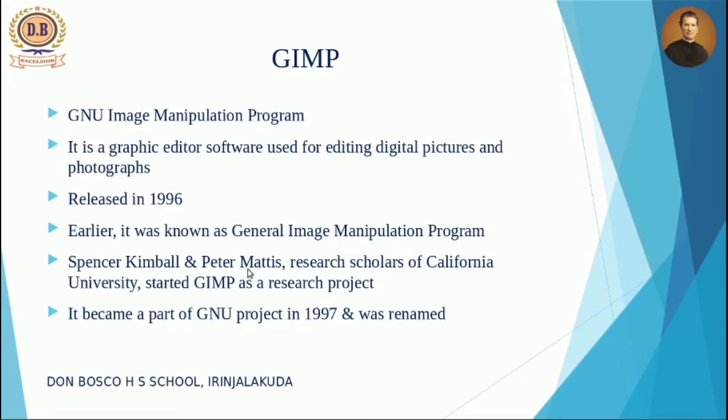Spencer Kimball and Peter Mattis, they were research scholars of California University. They started GIMP as their research project. After that, it became a part of GNU project in 1997, and then it was renamed as GNU Image Manipulation Program. So that is GIMP. It is an image editing software.